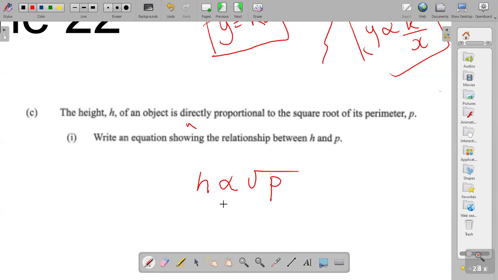Talk to me. H is directly proportionate to the square root of P. I'm not moving on until y'all let me know that y'all understand how I got this.